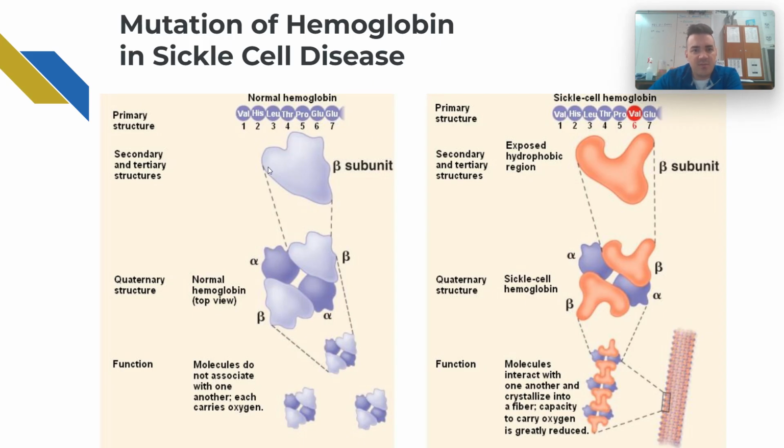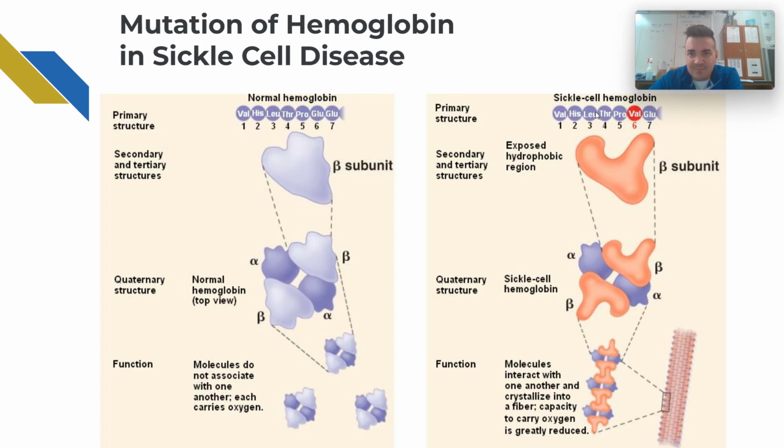So hemoglobin, that protein that carries oxygen around in your red blood cells, that your red blood cells are full of, right? That hemoglobin protein normally has this sequence here, but if you change this glutamic acid to a valine, valine has a very different chemical property from glutamic acid. Valine is hydrophobic, whereas glutamic acid is hydrophilic.